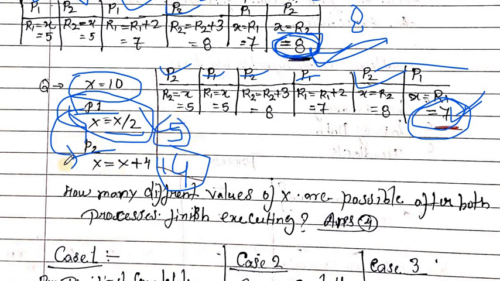But when P2 completes first, it will change the value of x to 14, and then after that, P1 execution will complete and P1 will change the value of x to 5.